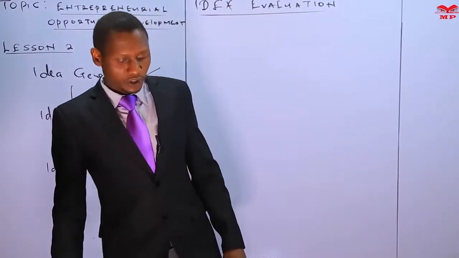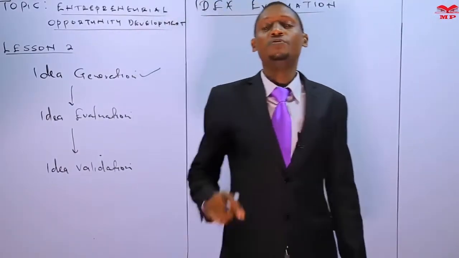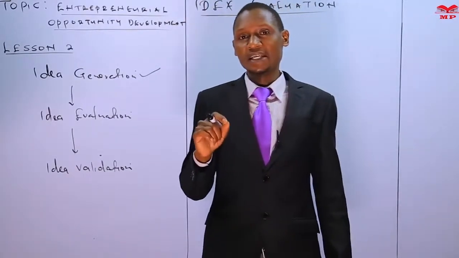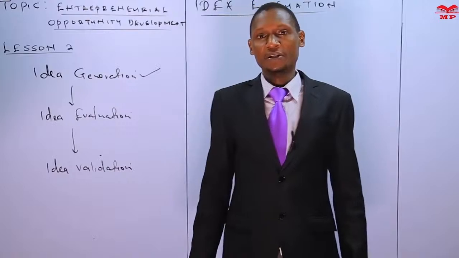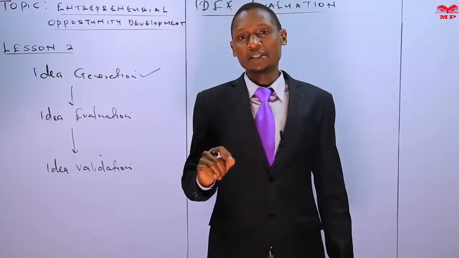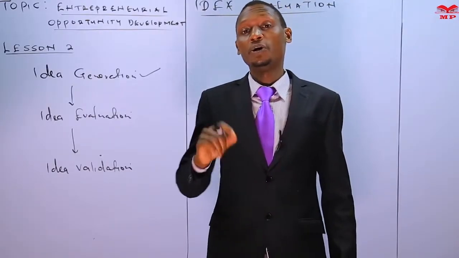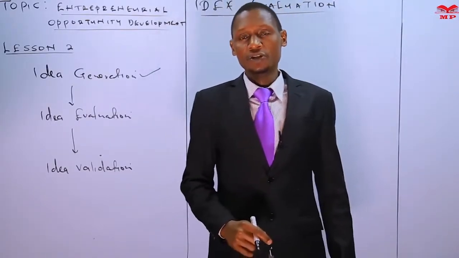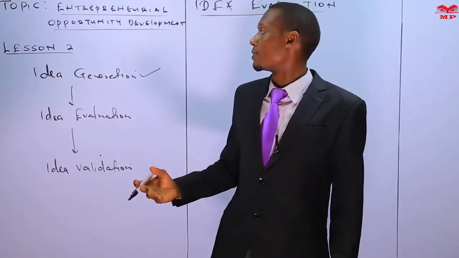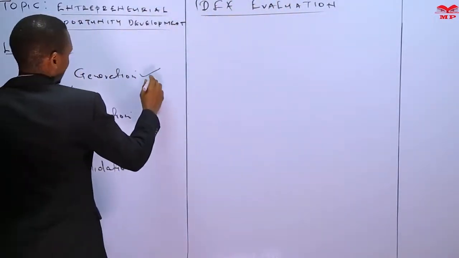In the first step, which was idea generation, the entrepreneur's objective was to generate as many ideas as possible so that they do not restrict themselves to implementing an idea that might not be the most optimal idea for them. So at step number 1, we ended up with like 10 ideas, for example.